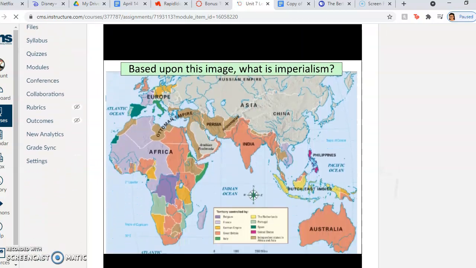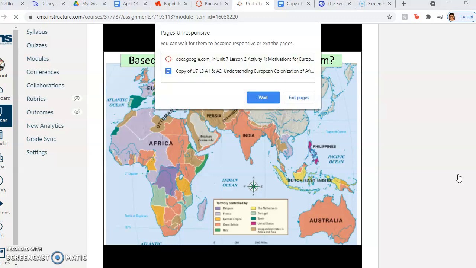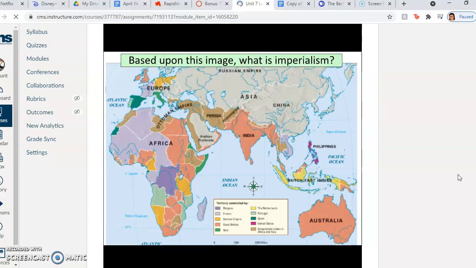On this day, I showed you guys what the Scramble for Africa was, and then I also discussed with you the Berlin Conference. And the answer key, this map key that was right here, depicted the number of countries who had placed their hooks into Africa.